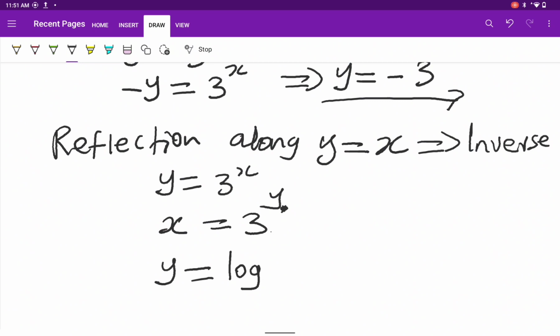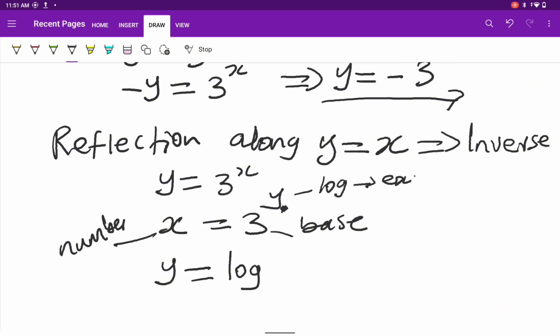Now this 3 is a base and this x is a number. So we need to remember that the exponent is a log, x is the number, and 3 is the base.